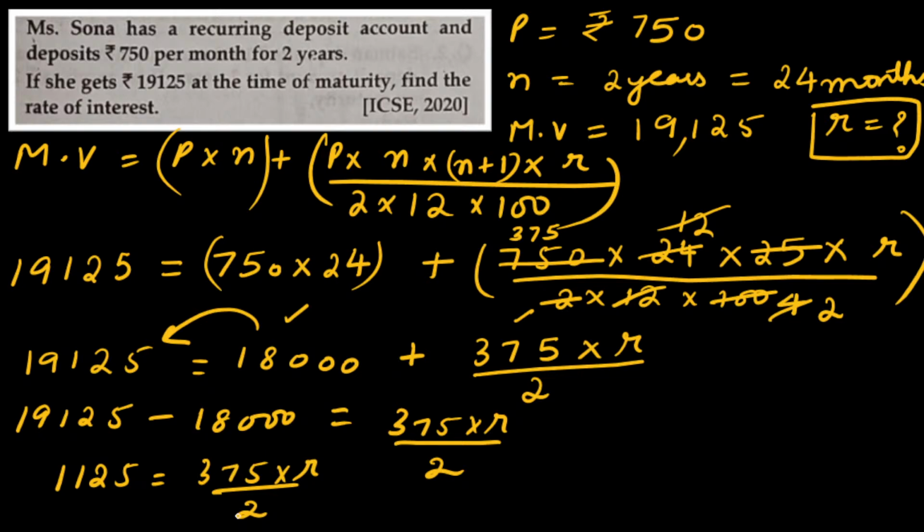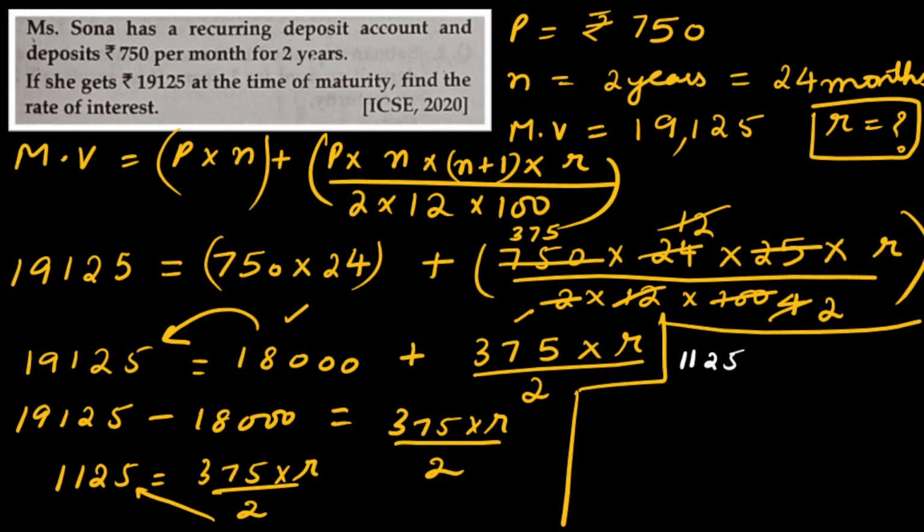Now let's shift these two, 375 and 2, to the other side, because we have to find the value of R. If I shift 2 to the other side, it will get multiplied, because here it is getting divided. And if I shift 375 to the other side, it will get divided. So let's do cancellation now. On 5's table we can do cancellation. 5 into 7, 35, 5 into 5, 25.